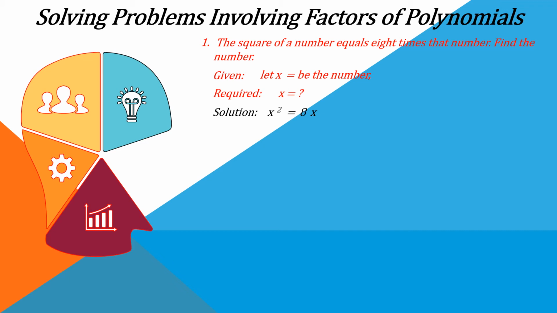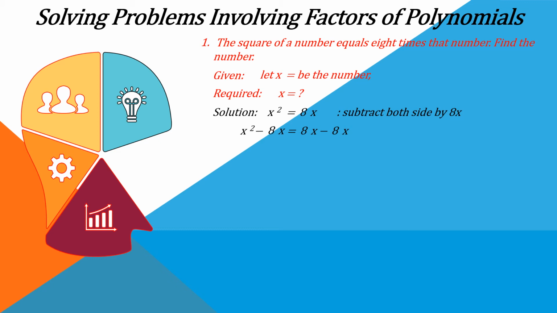So from the conditions given, the square of a number, which is x squared, is equal to 8 times that number, or equal to 8x. First thing to do, subtract both sides by 8x. Therefore, x squared minus 8x is equal to 8x minus 8x.